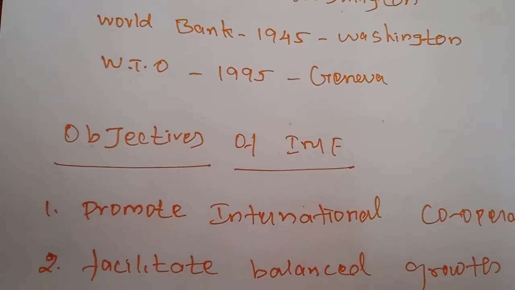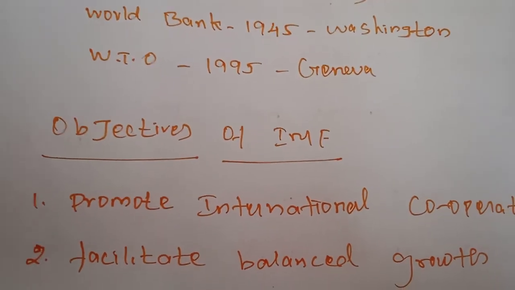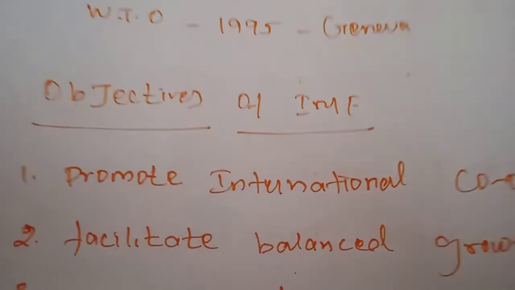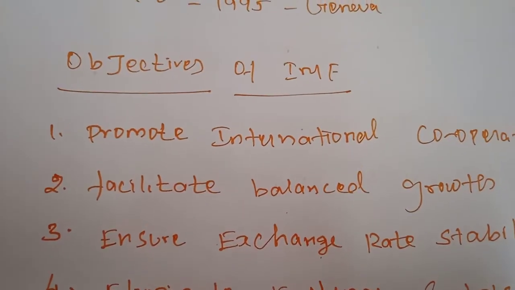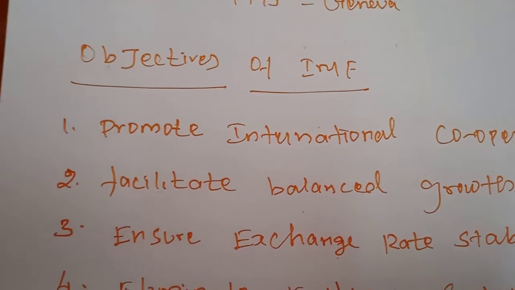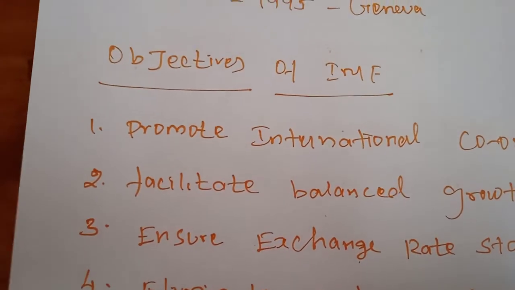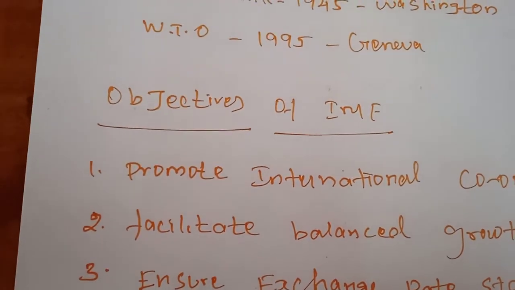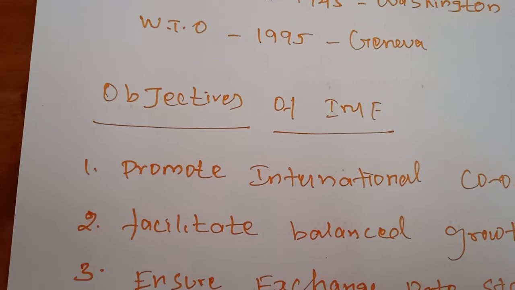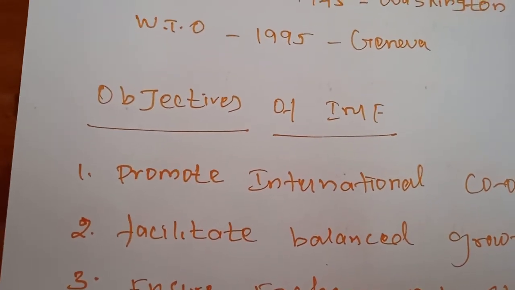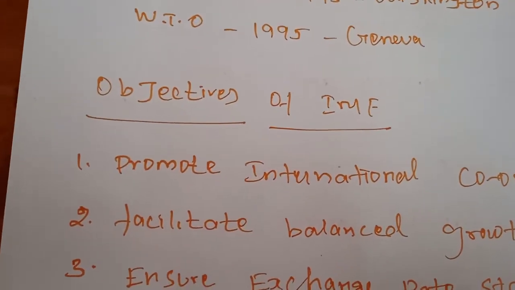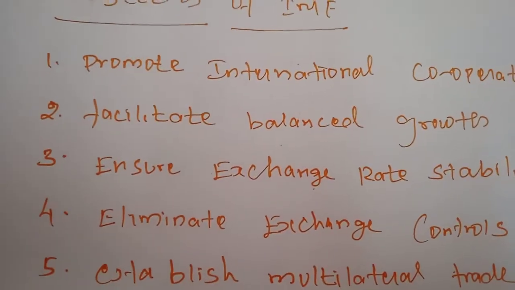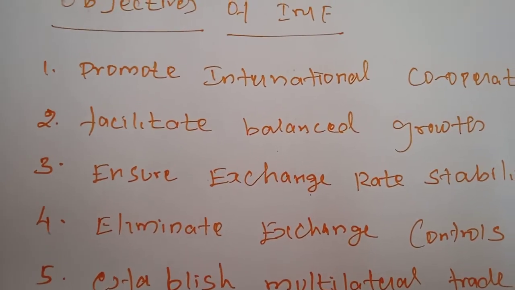The purpose of the International Monetary Fund is to secure and promote economic and financial cooperation among member countries. 197 countries are members of the International Monetary Fund. This organization was created to secure and promote economic and financial cooperation, because all nations need cooperation when they are involved in international trade.